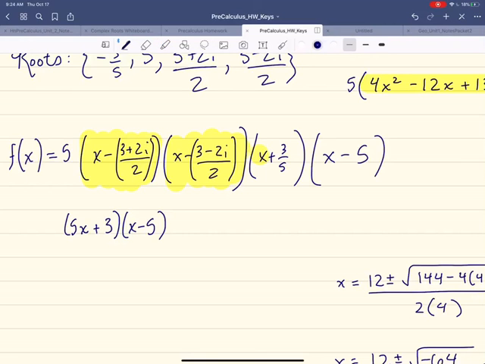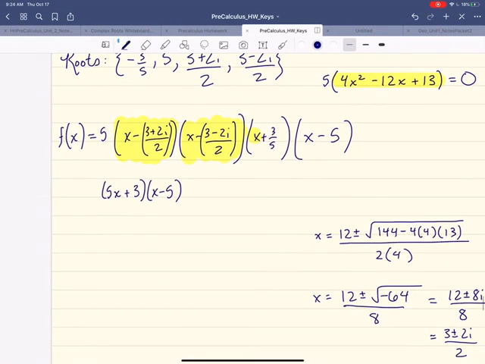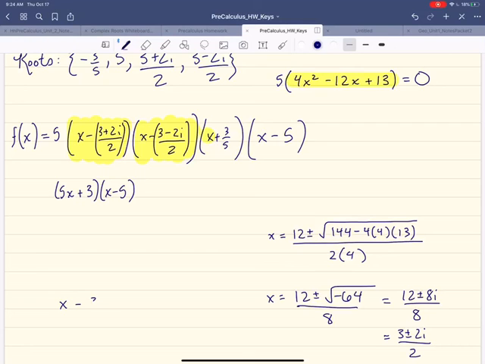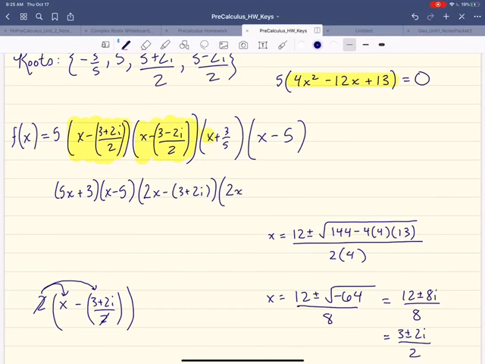If I multiply these factors by 2 over 2, that would give me 2x, and then these 2's would cancel, and I would get minus 3 plus 2i. So if I do that for both of the factors with complex roots, I would get 2x minus 3 plus 2i and 2x minus 3 minus 2i.